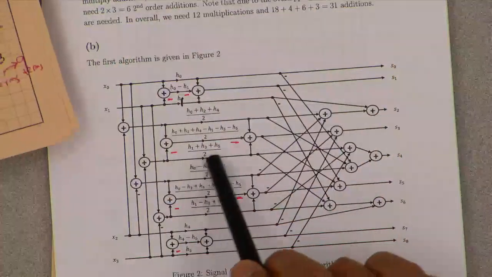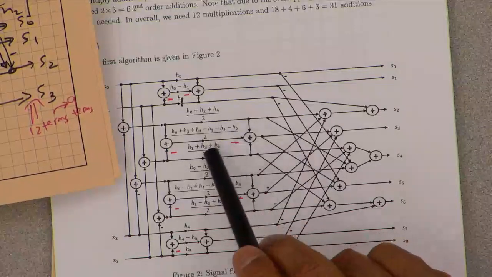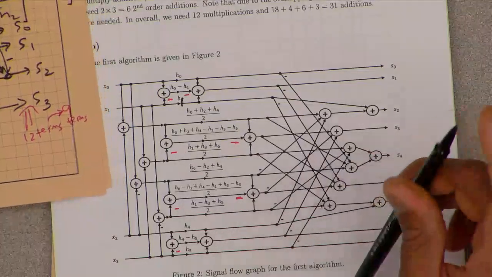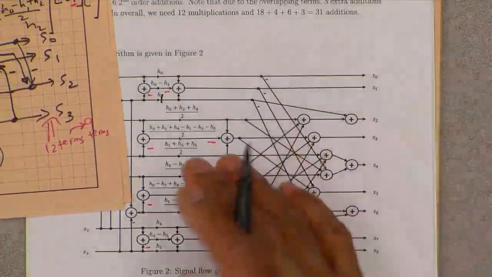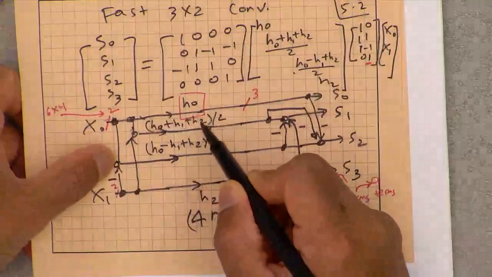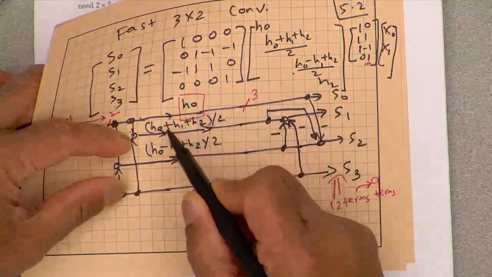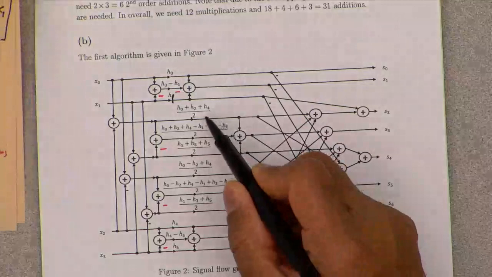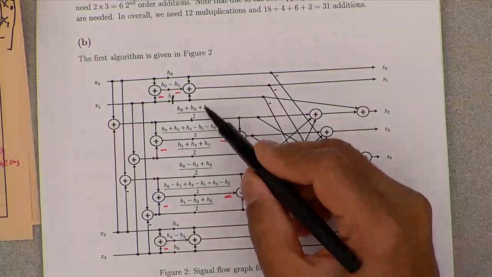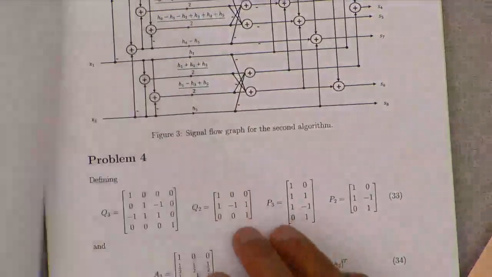If you look at these things here, what was H0, H1, H2, this polynomial here, it's not a simple term, but a polynomial is now this whole thing here, H0 plus H2 plus H4 by 2. So try to understand this and try to understand the next one as well.